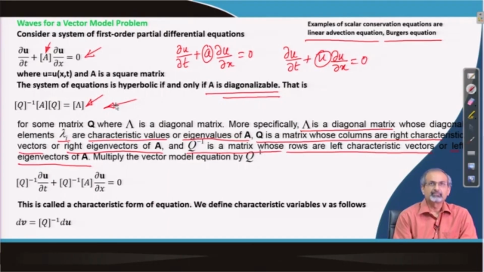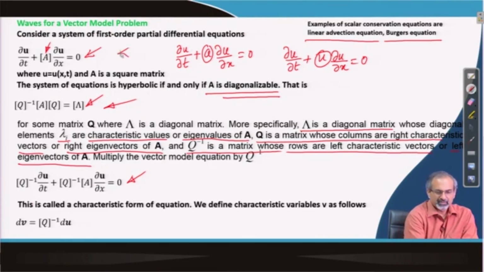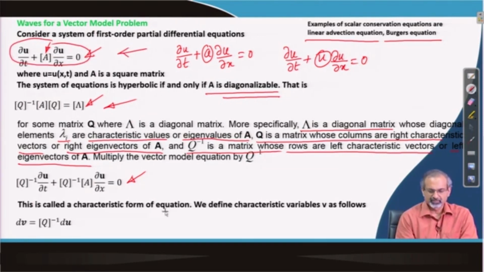Now, having said that, we will look at one step more, where we multiply the above system of equations which we have on top by Q inverse. Q inverse is the matrix which comprises the left eigenvectors of A, we remember that.